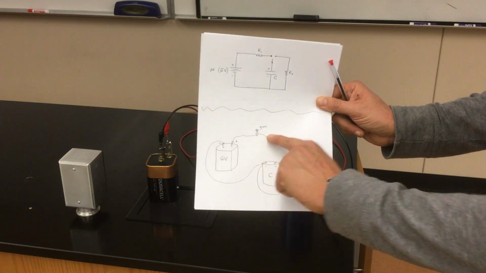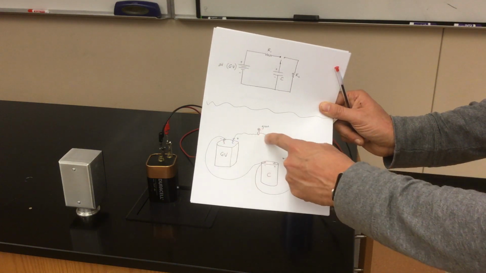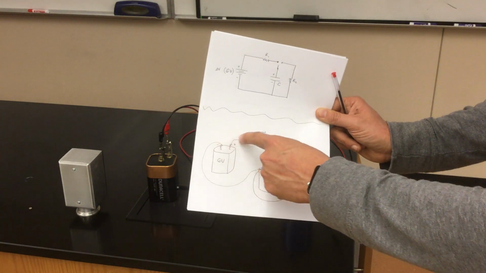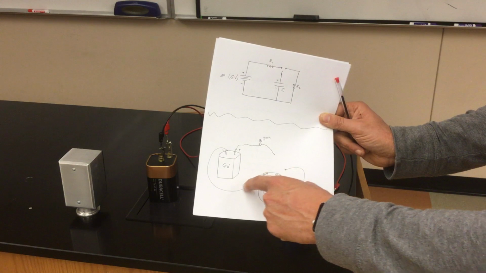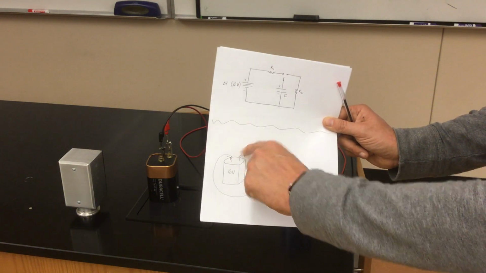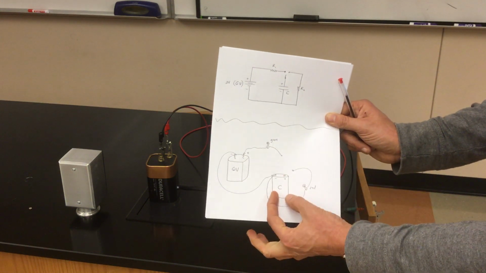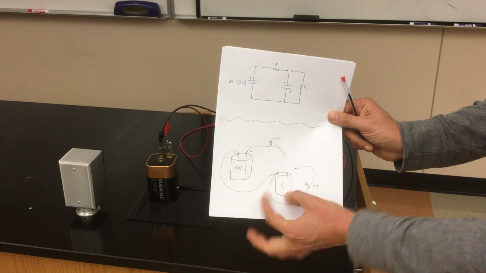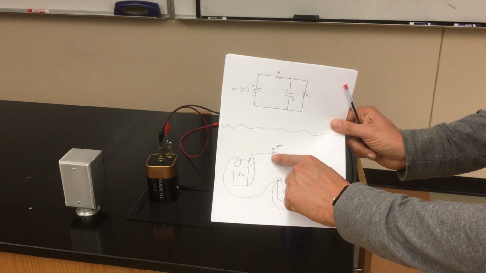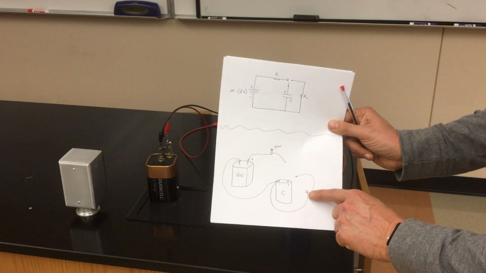I don't have it connected yet, but if I wanted to, I could make the final connection to the positive terminal of the capacitor, and we would have a complete loop where electricity flows from the battery through the light bulb and also has to flow through the capacitor. If I remove that, then this part of the circuit's broken open, and instead I can complete the circuit here. Now, if the capacitor is fully charged, then when I connect the wire that attaches to the red light bulb, it'll glow. So essentially my green bulb is the charging bulb, and my red bulb is the discharging bulb.